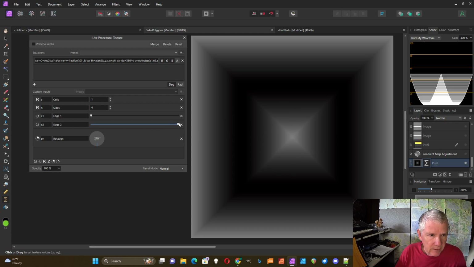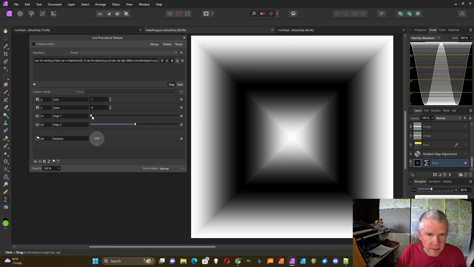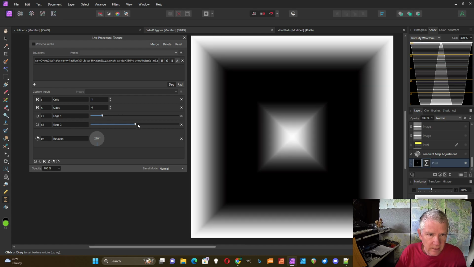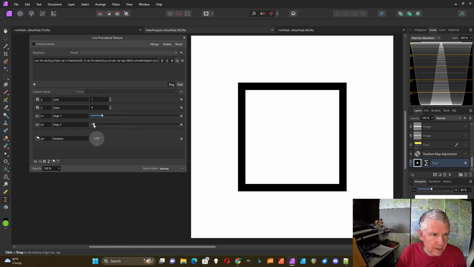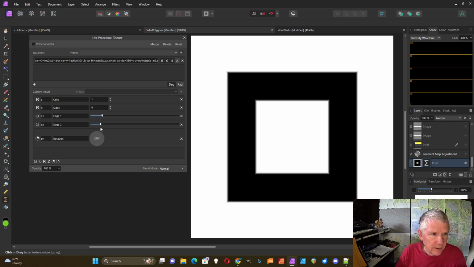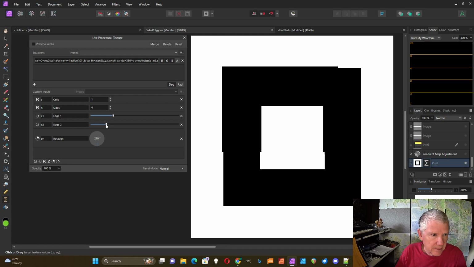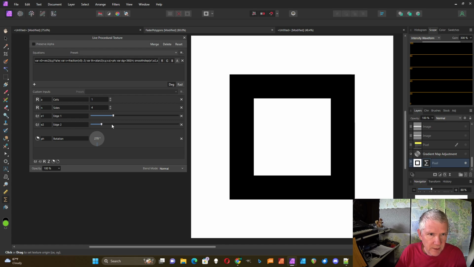And now, when I adjust the edges, I should be able to get this to be a certain shape, like that. Okay? And so I can mess around with these to get those edges just right, to get those shapes. However, there's another way to do that.